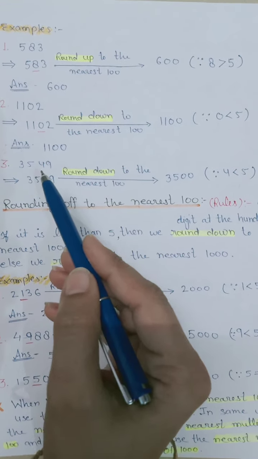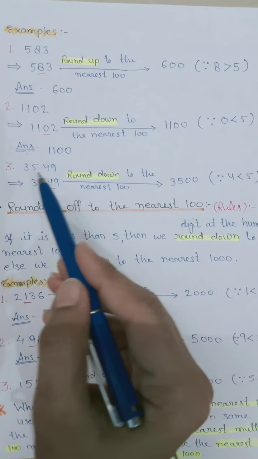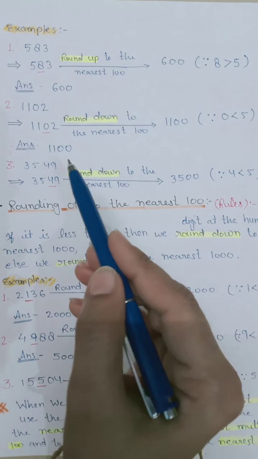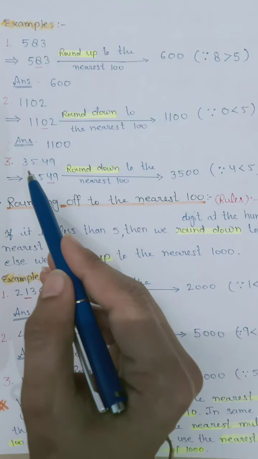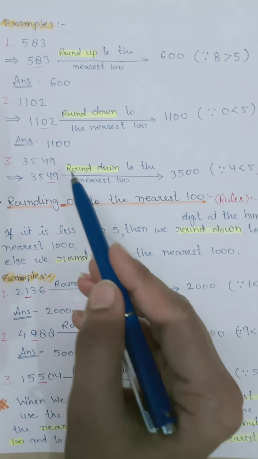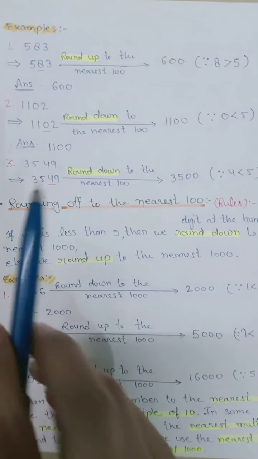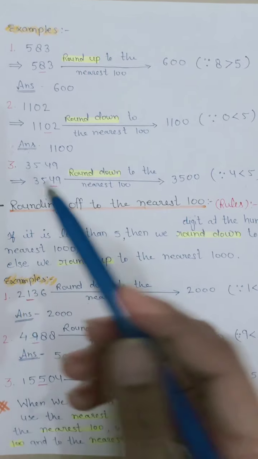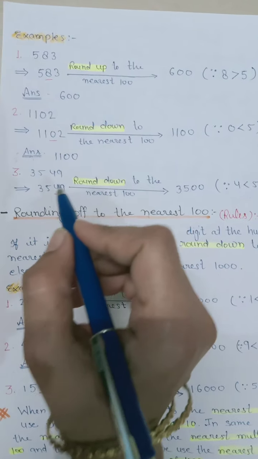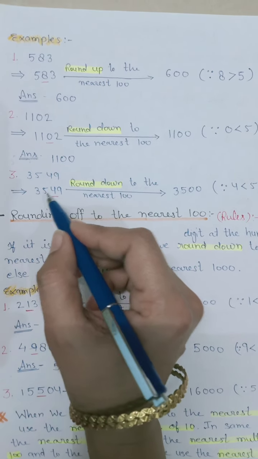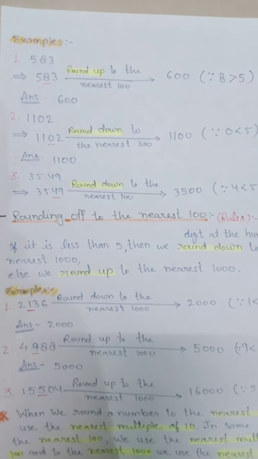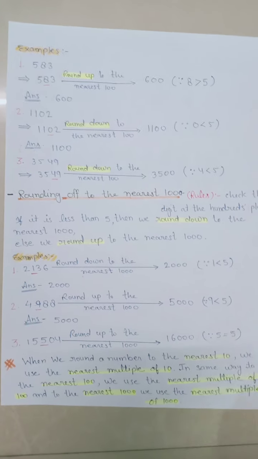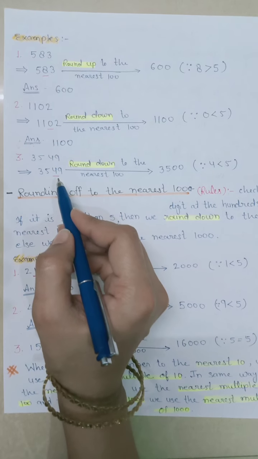As you can see here, the number given to us is 3549. And what do we have to do here? We have to round off to the nearest 100. Look here, 3549. So let's check which number is at the tens place.